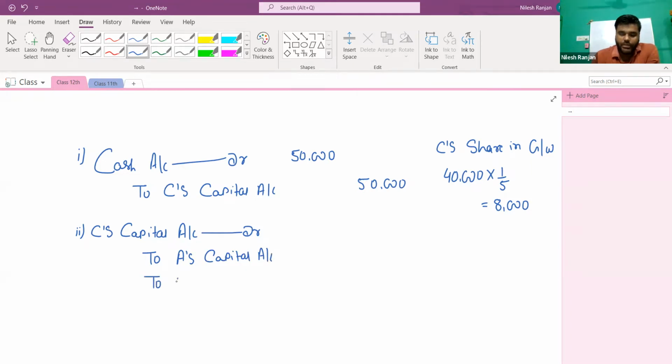Okay, can you tell me that new partner brings capital for which purpose and brings goodwill for which purpose? What is the purpose of bringing capital and goodwill?